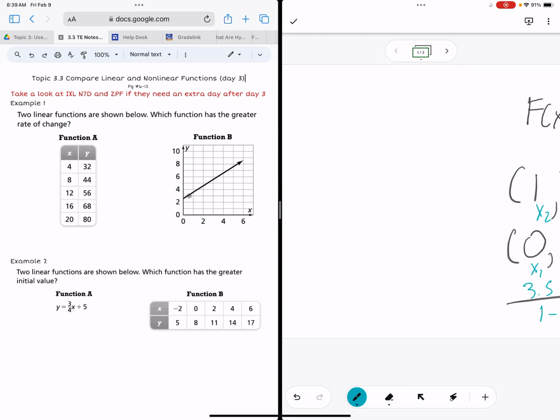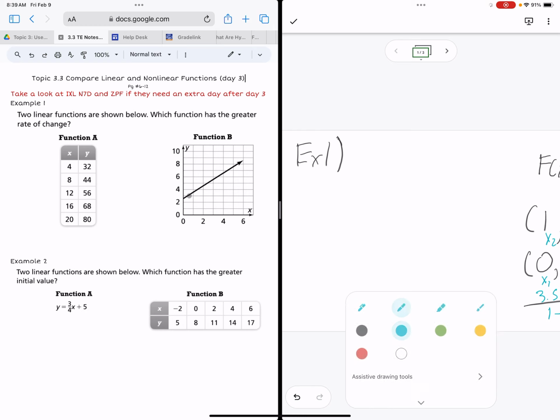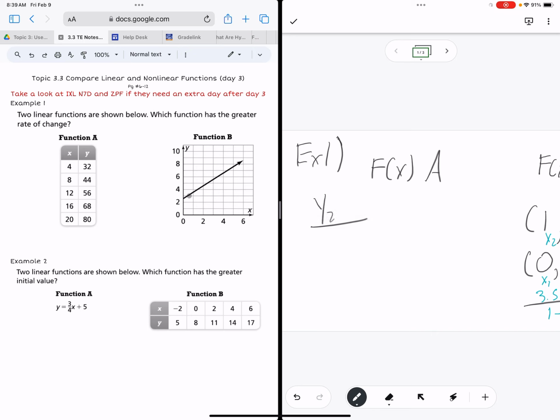All right, now, Emmy, for function A, how do I find my slope? And how would I use this? Which points do you want to use? Awesome. So which one do you want to make your ones? You're going to use 4, 32, and 8, 44. Which ones are our ones?